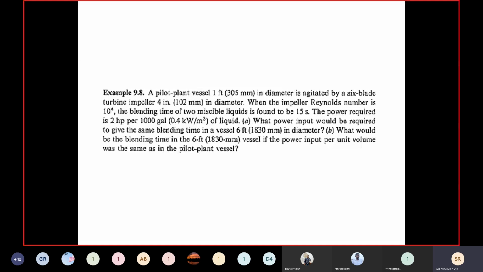Then a second condition also he gives. What would be the blending time in the 1830 millimeter vessel if the power input per unit volume was the same as in the pilot plant vessel?